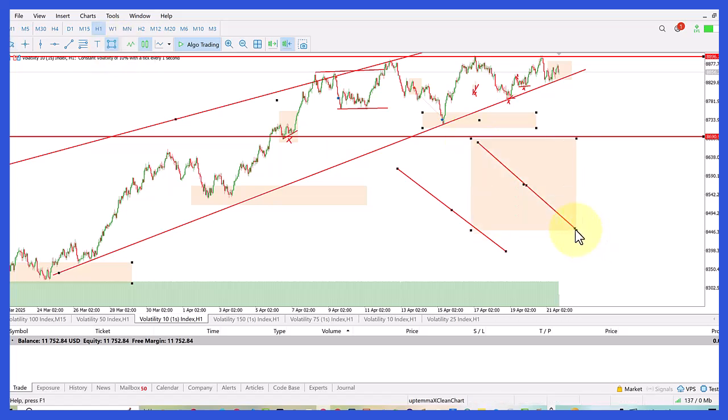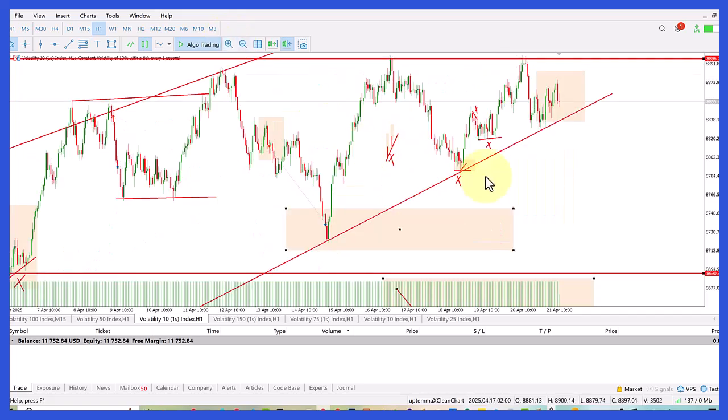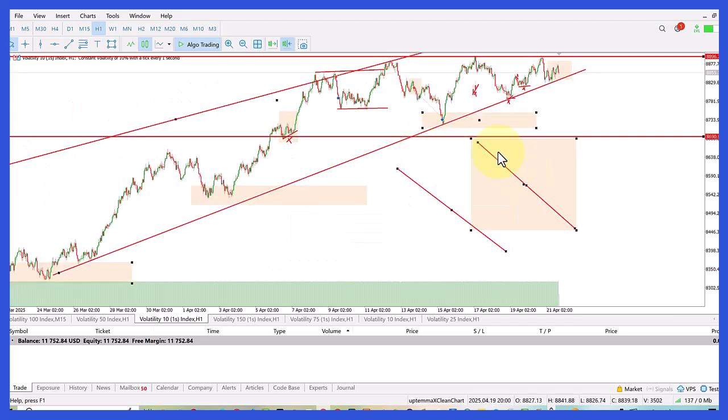Just like you draw a line for a market going upwards for higher lows, you can decide to draw a line for the higher highs, like I did here. I started from this point. You can do that for a market coming downwards.